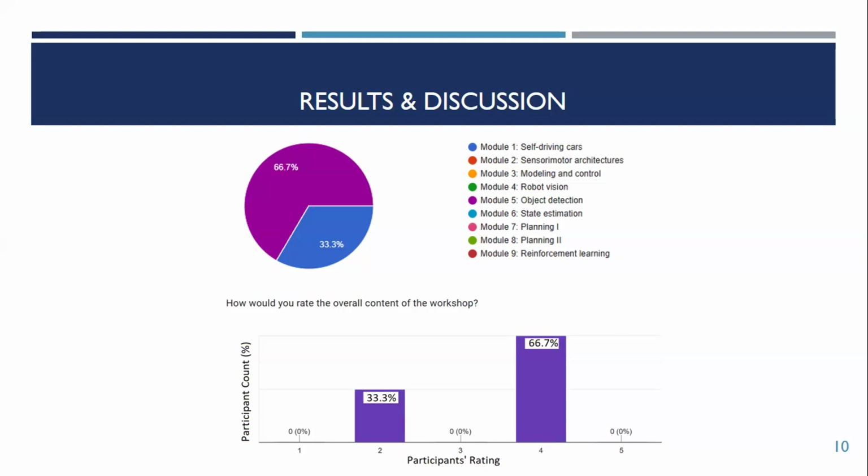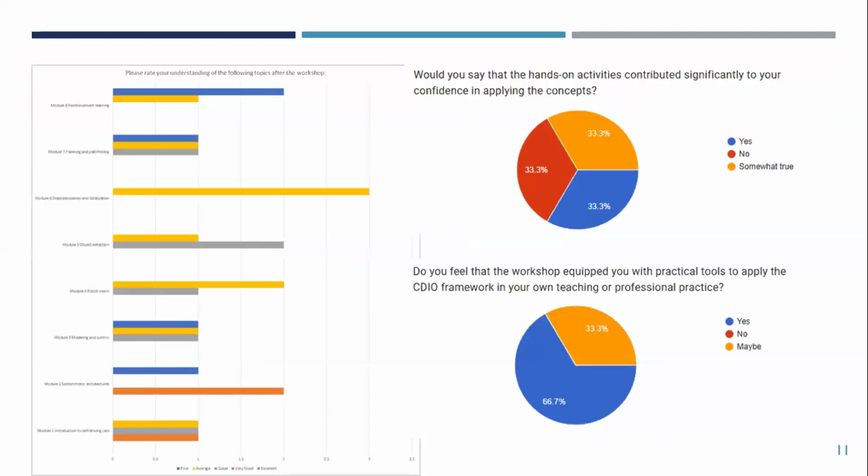So these were the responses regarding different modules. How did they understand different modules? Then how did they rate our workshop? And then this is the individual module ranking and response of the participants around the hands-on activities and other activities around the CDIO framework.